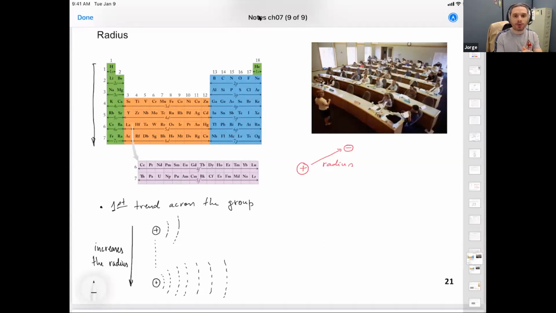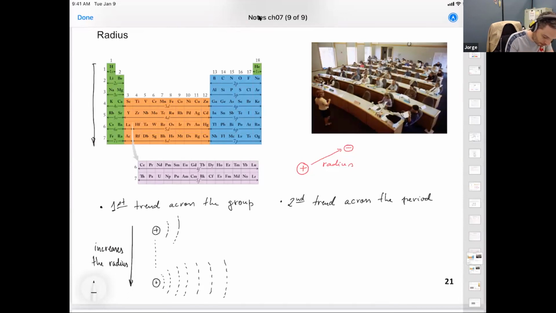Okay, so now let's analyze the trend across the period. Now I'm looking at the horizontal trend. So second part of the analysis here, we are going to analyze the trend across the period.